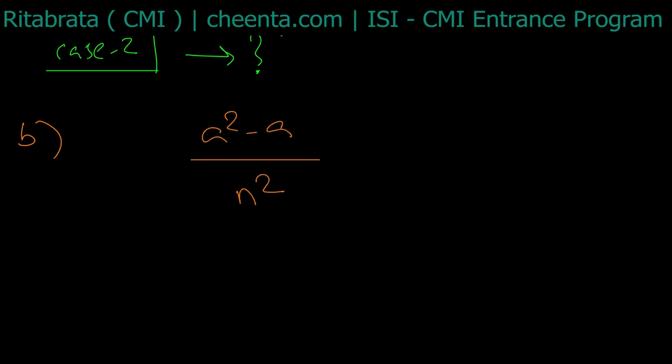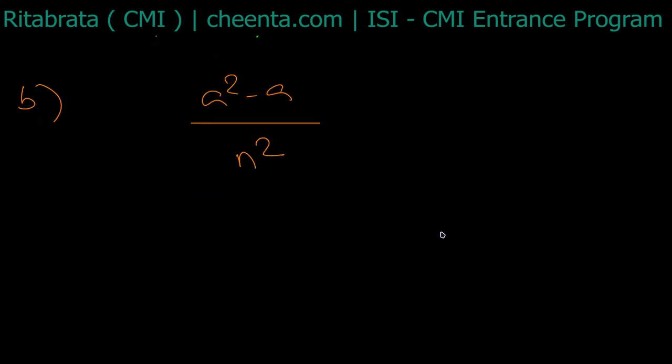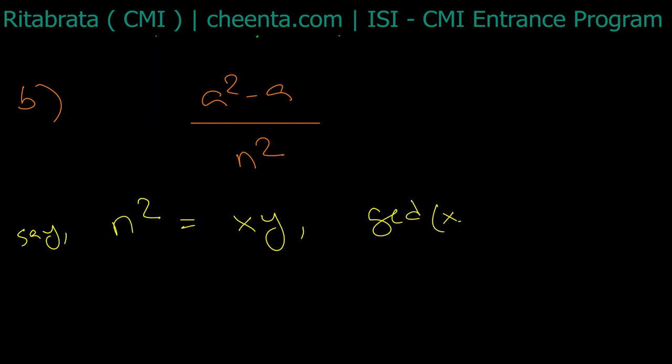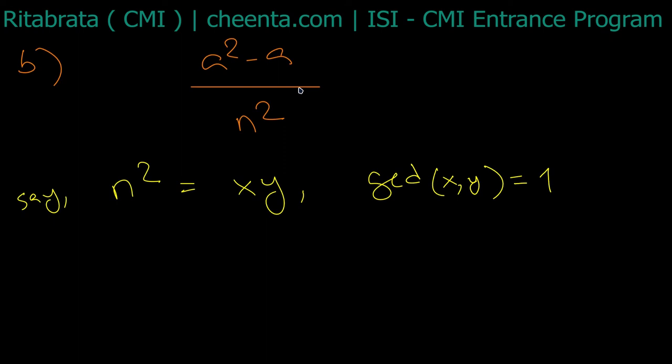Let's try to factor n square into co-prime factors, just like we divided 10,000 into co-prime factors. Say n square equals xy and GCD of x, y is 1. So I have x divides a into a minus 1 and y divides a into a minus 1.